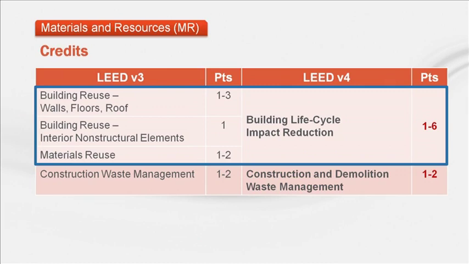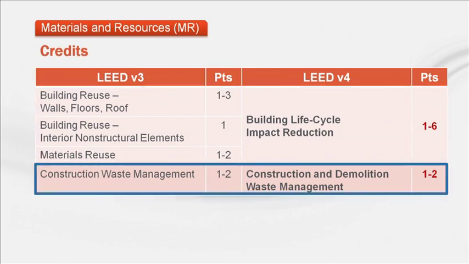There are 4 options available for earning points. The only option that is similar to LEED version 3 is the third option that awards points for reusing structural and non-structural elements. As for another change, new requirements related to demolition activities have been added to the construction waste management credit.